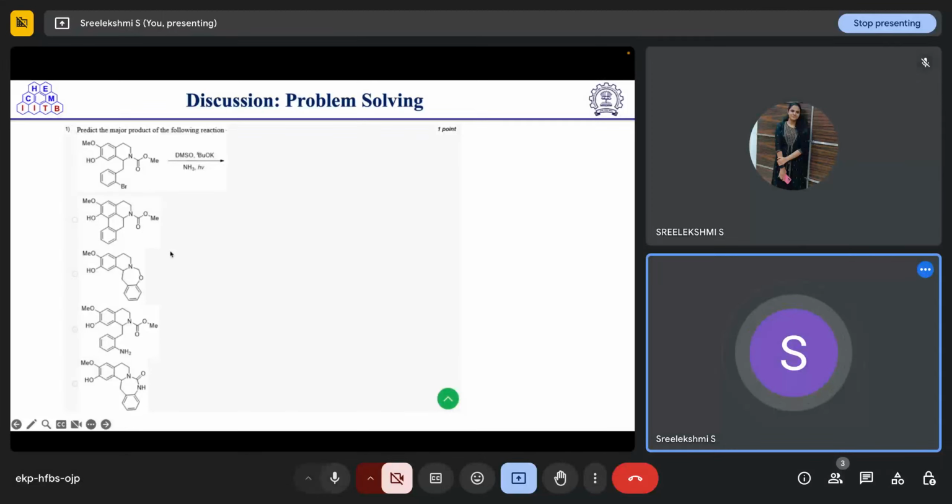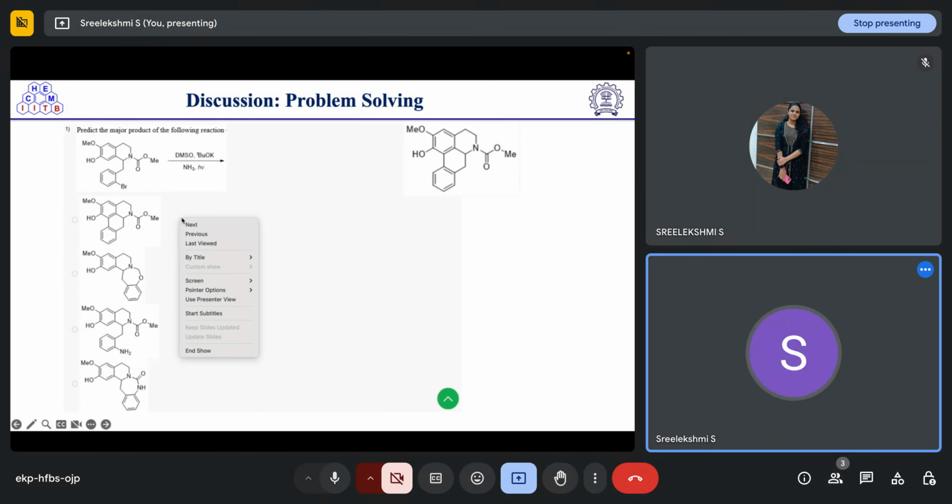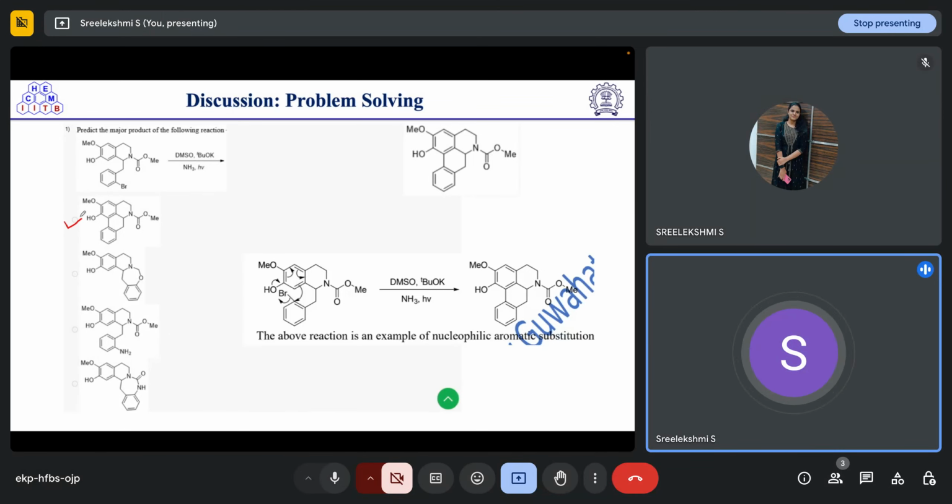So here the correct answer for this question is option A. And what is happening here is this is an example of nucleophilic aromatic substitution reaction. So what is actually happening here is this oxygen lone pair will push towards this bond.